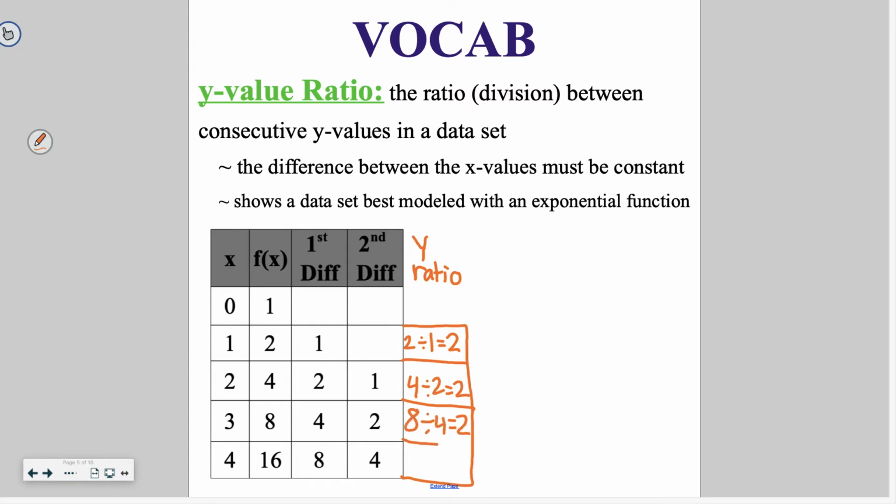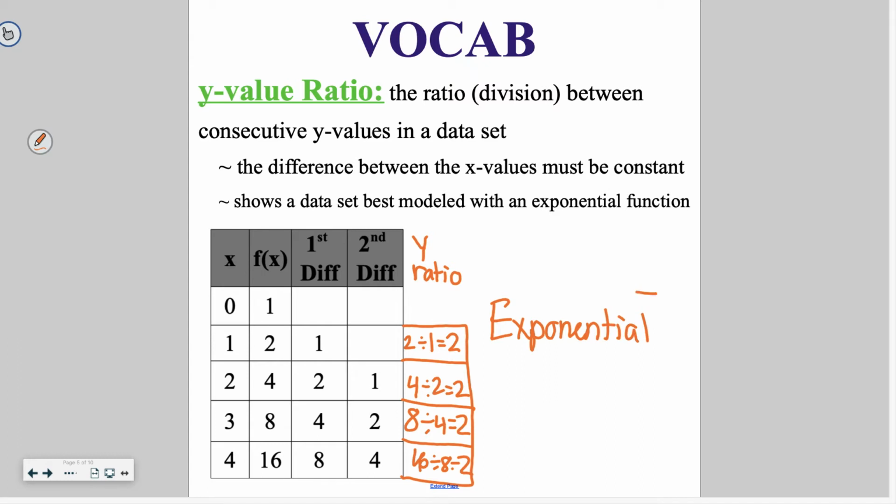And that last ratio, 16 over 8, which is 2. So because these y ratios are consistent, 2, 2, and 2, or something very close, such as 1.9 or 1.8, that model is going to be best suited by an exponential function.